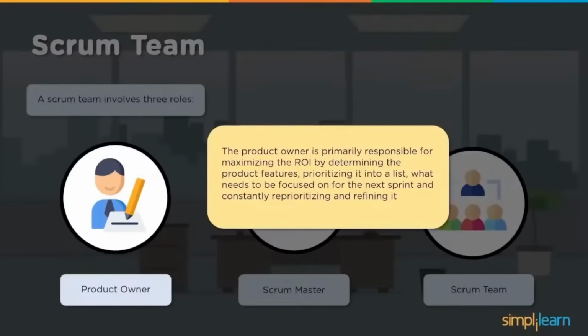There is already an order defined, so based on the change scenario, you can reorder it, and the product owner has that ownership and responsibility. The entire focus is on ensuring the right product backlog, prioritizing it, and also adding user stories and epics into the product backlog, depending on what makes sense to the business.